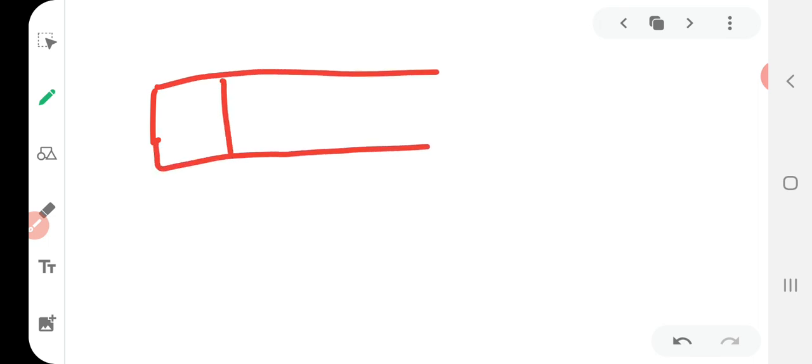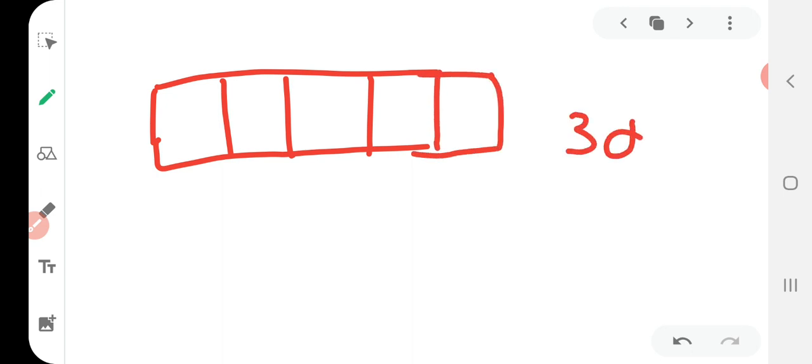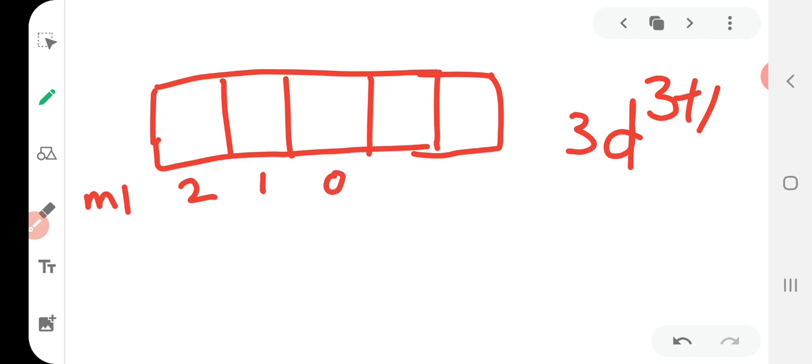So how will it look like? There are 5 subshells. 1, 2, 3, 4, 5. We are considering 3d 3 plus ion, and here ml values are 2, 1, 0, minus 1, minus 2. There are 3 electrons.